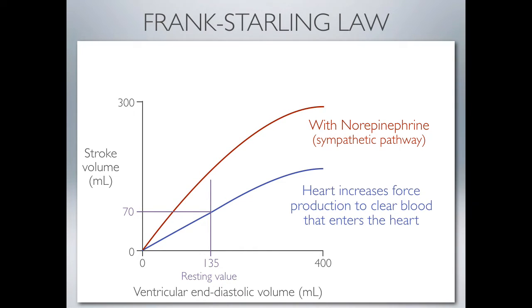In the presence of epinephrine, you have the same volumes on the x-axis, but for any particular volume, you get a greater volume coming out the other end of the heart, the stroke volume. For every one of those end diastolic volumes on the x-axis, the red curve shows you're getting more blood coming through the ventricle. Again, this is achieved by the presence of beta-1 receptors in the contractile cells.